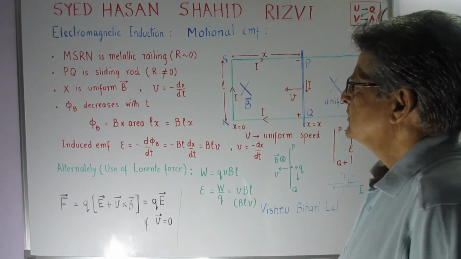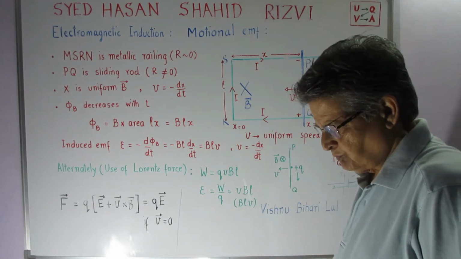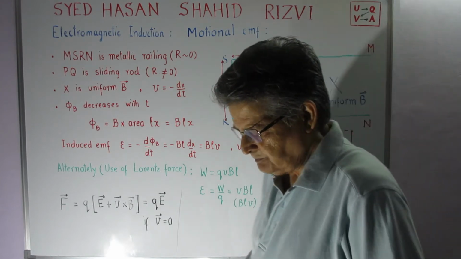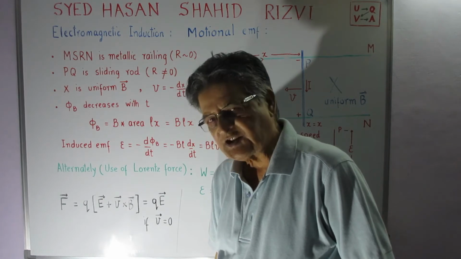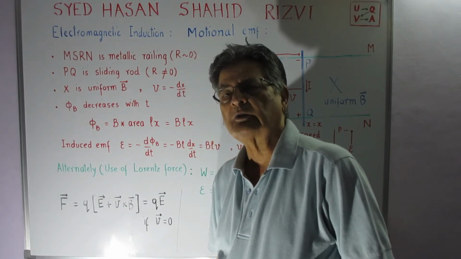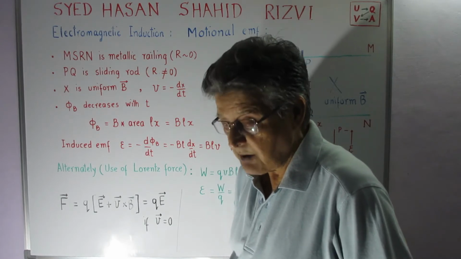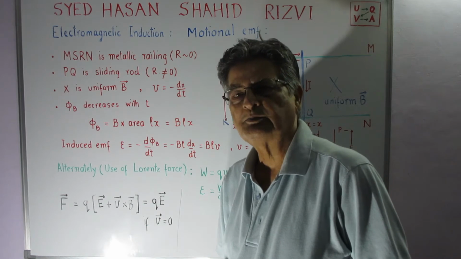Okay, now today, extending that, because there what we had was that the changing magnetic field was responsible for the creation of the electromotive force, and thereby there was a current.